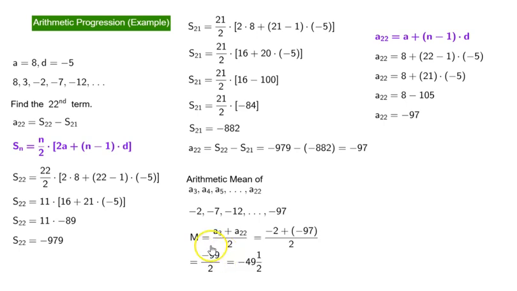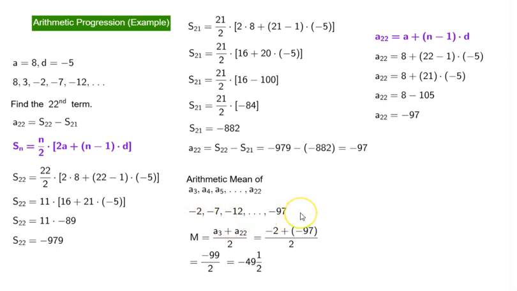So again, we know the formula. Mean is equal to (A sub 3 plus A sub 22) by 2, first term and the last term divided by 2. And we can directly use this: (-2 plus -97) by 2. Why? Because even though it is picked up from this arithmetic progression, remember any consecutive numbers from this original sequence is also an arithmetic progression.